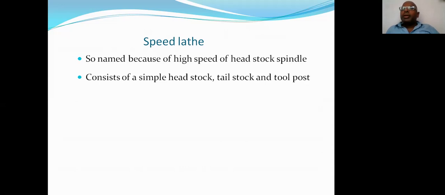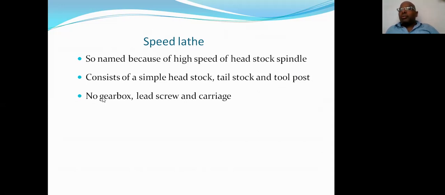So that is why the single point cutting tool is fixed in a tool post. The tool post may move parallel to the axis, perpendicular to the axis, or inclined to the axis. So these three are the simple essential components for this speed lathe.